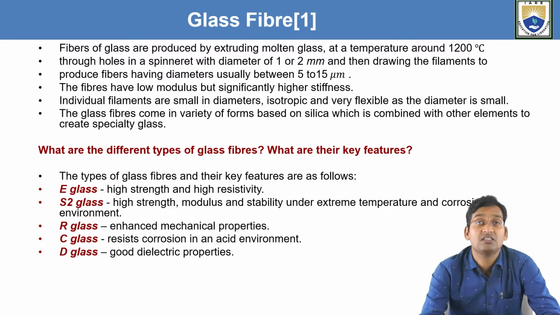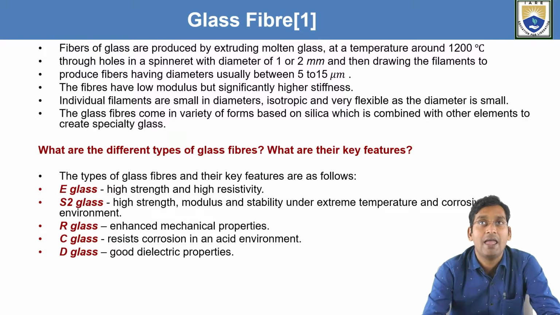Now next is glass fiber. Fibers of glass are produced by extruding molten glass at a temperature around 1200 degrees Celsius through holes in a spinneret with a diameter of 1 to 2 mm, and then drawing the filaments to produce fibers having a diameter usually between 5 to 15 microns.